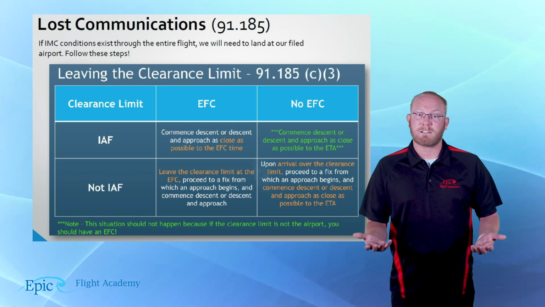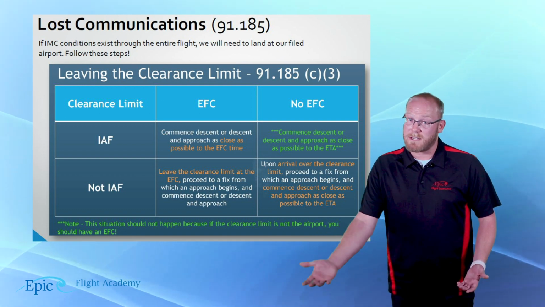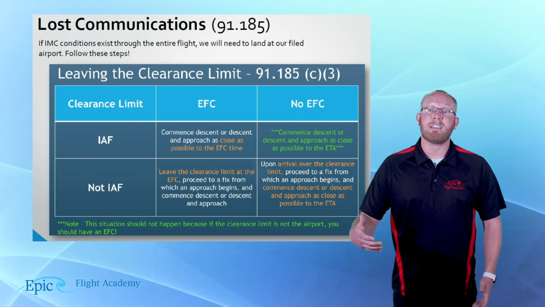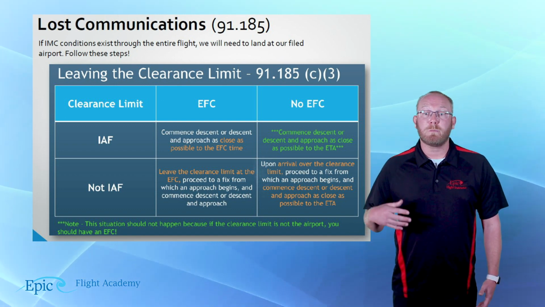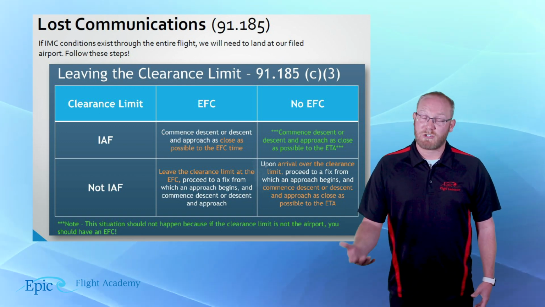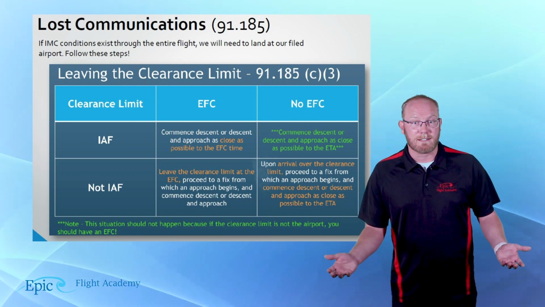Now, what if your clearance limit is not an initial approach fix and you do have an EFC time? Well, you want to leave that clearance limit at the EFC, and then you want to proceed to a fix where that approach begins, commence your descent, and shoot that approach. But what if you don't have an EFC time?